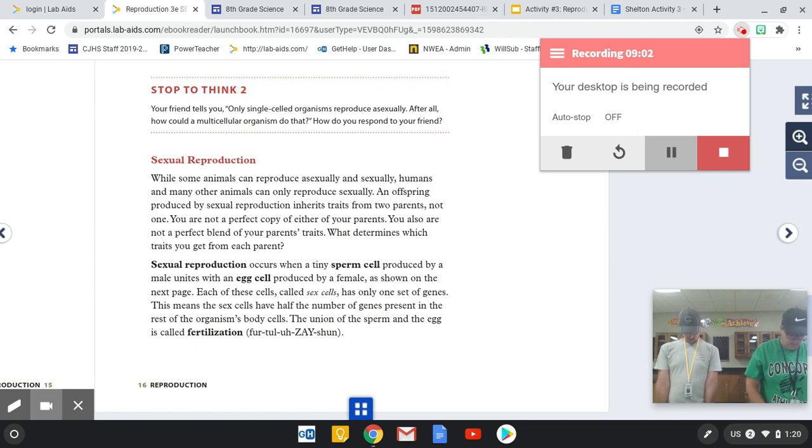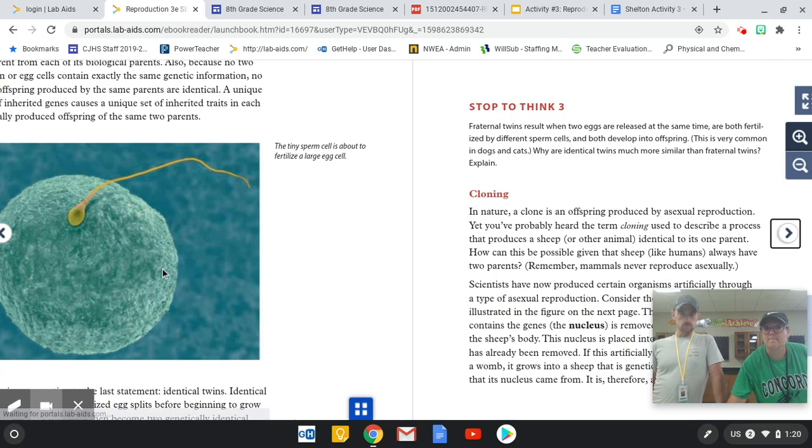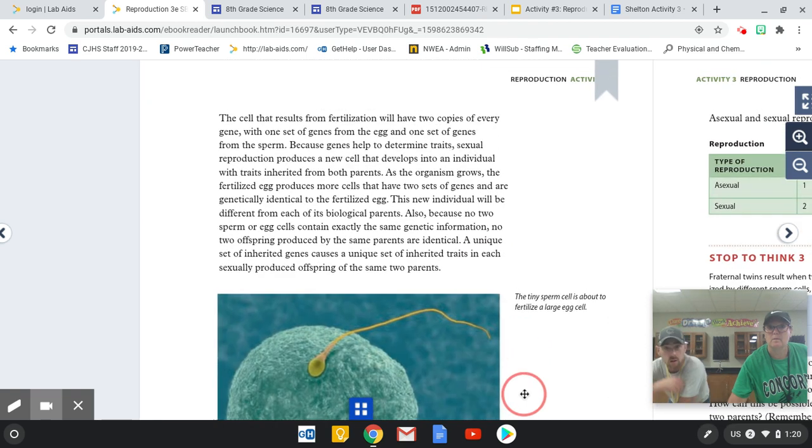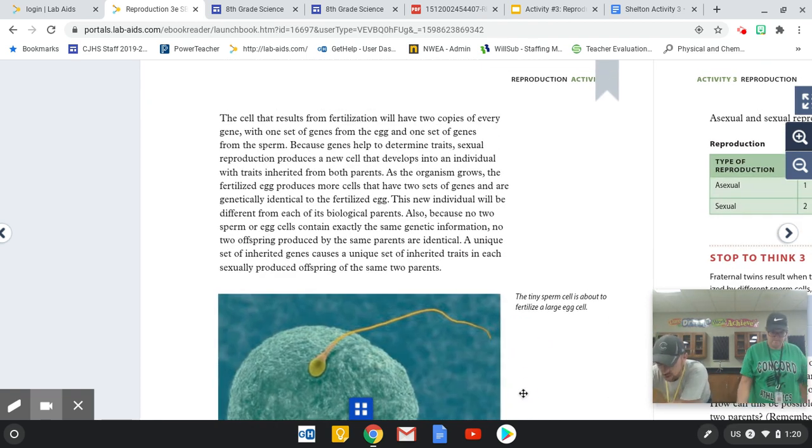The union of the sperm and the egg is called fertilization. Cool. So the cell that results from fertilization will have 2 copies of every gene, with 1 set of genes from the egg and 1 set of genes from the sperm.